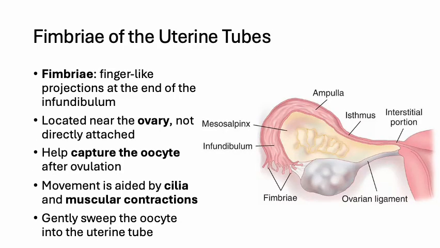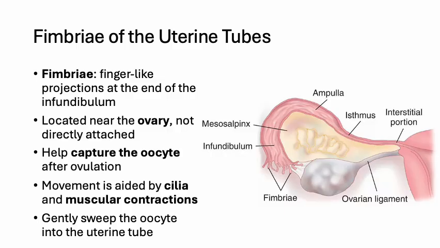The fimbriae are delicate finger-like extensions located at the distal ends of the uterine tube, specifically on the infundibulum, which is the funnel-shaped region nearest the ovary. These structures don't physically connect to the ovary, but play a critical role during ovulation.